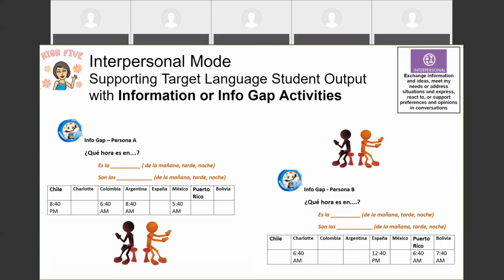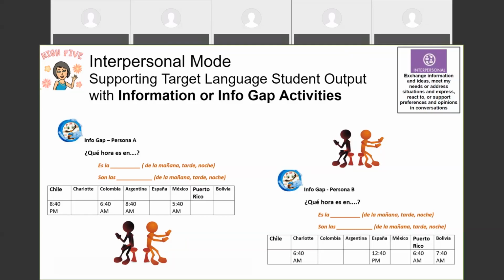So if I am partner A, I have some information, but the blanks that I have are the information that partner B has. I have to ask my partner questions to fill in my blank information, but partner B knows the answers because that's what's on his or her paper.